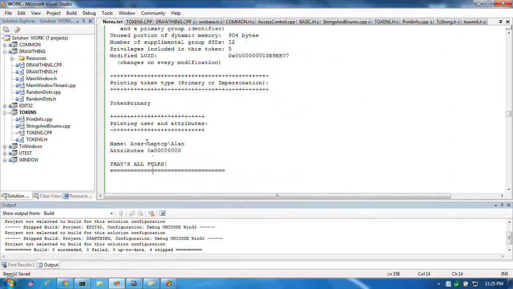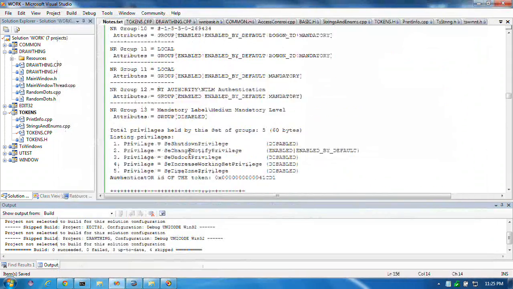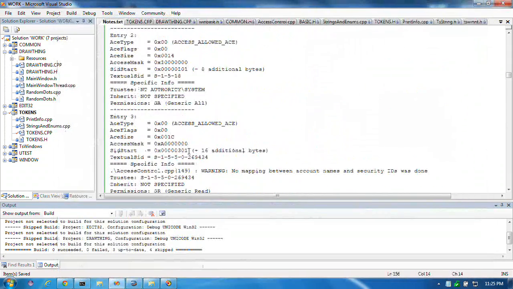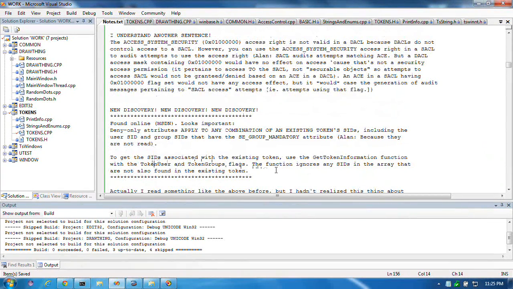Okay. And then going to what did I say? The function ignores any SIDs in the array that are not also found in the existing token.